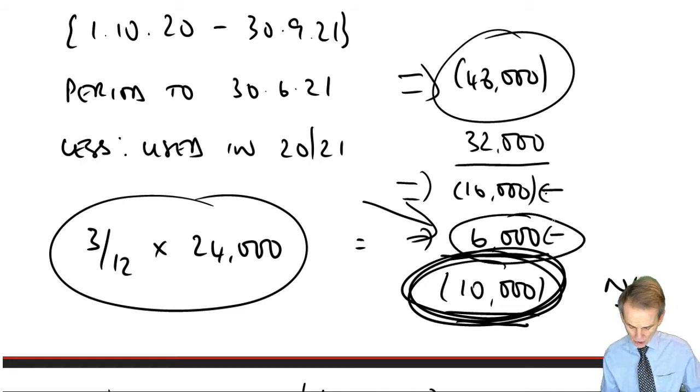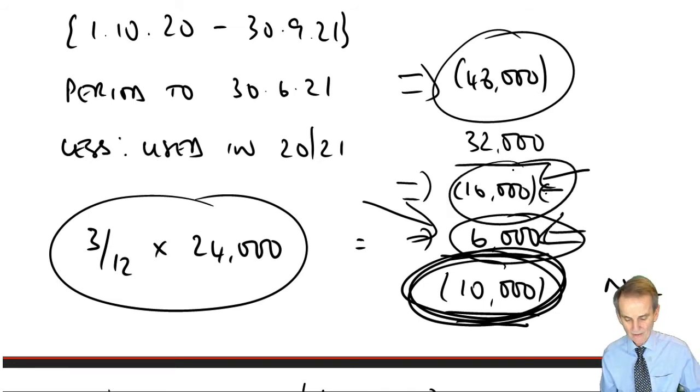And it meant that we used, of that £16,000 of loss remaining from the £48,000 sustained in the opening period, £32,000 had been used in the first tax year, the 2021 tax year, but then £6,000 of that is now deemed to have been used against that profit figure.